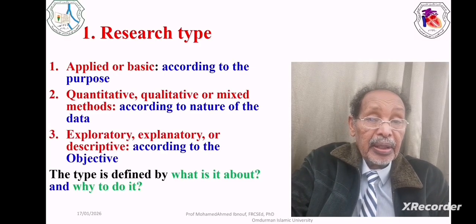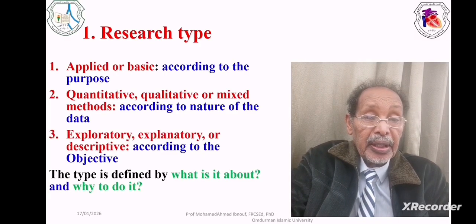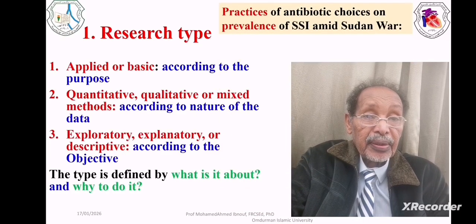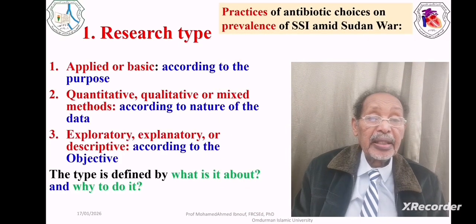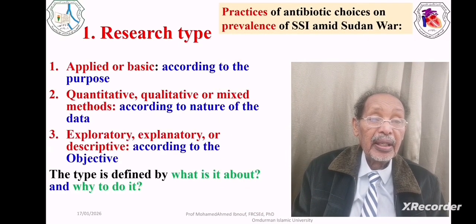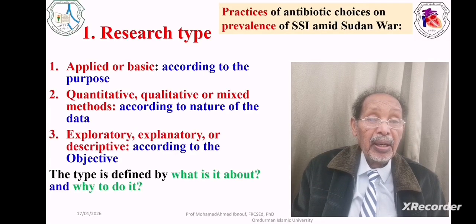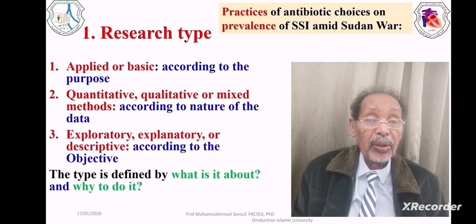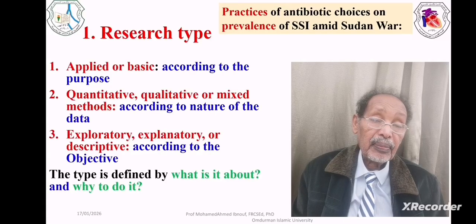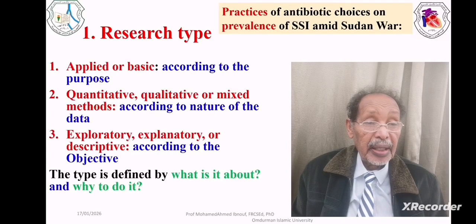Now we are going to speak about the designs of research. If we take an example of a research title, Practices of Antibiotic Choice on Prevalence of Surgical Site Infection amid Sudan War. Is this a good title?